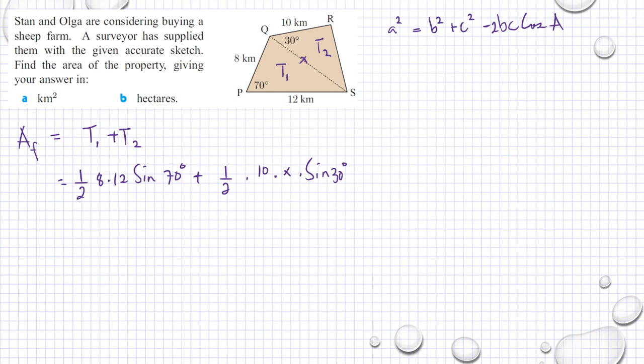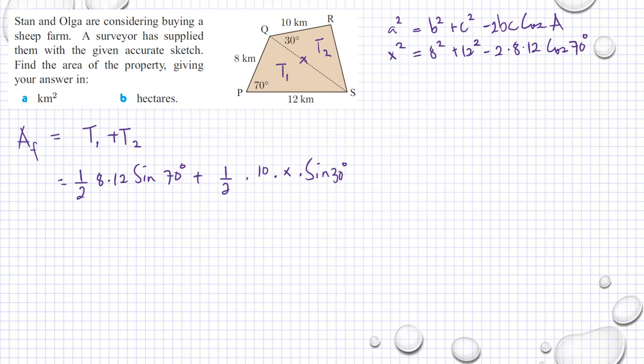So if our a now is x, x squared is equal to 8 squared plus 12 squared, it doesn't matter which of them, minus 2 times 8 times 12 cosine 70 degrees, the opposite angle.